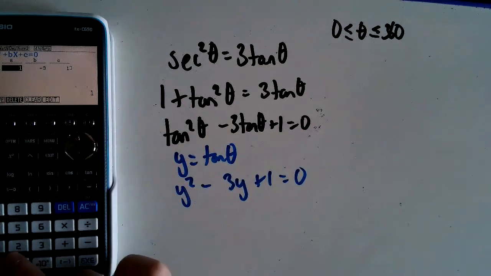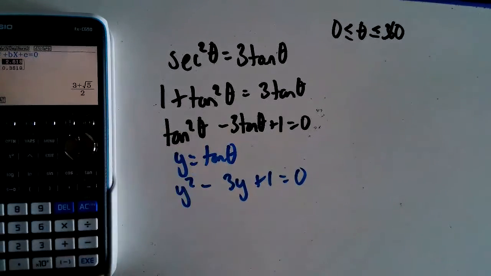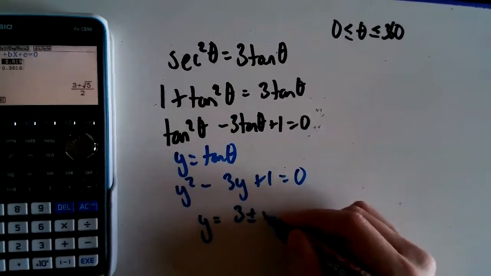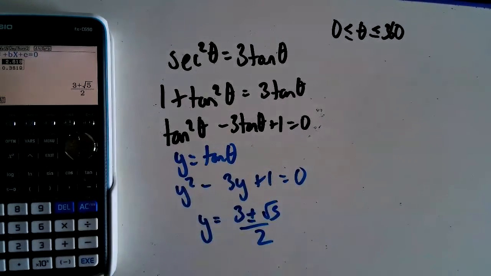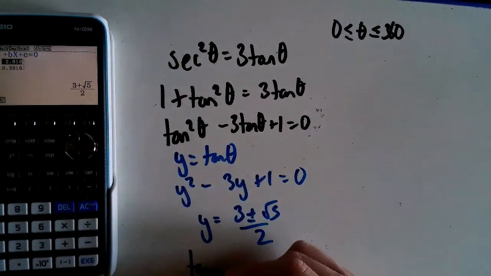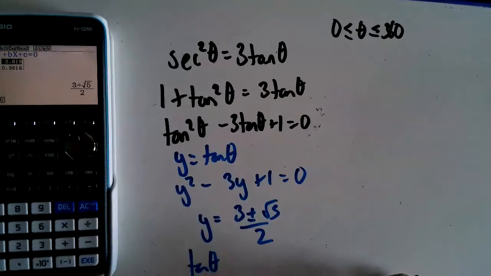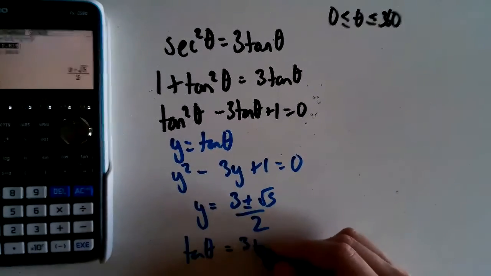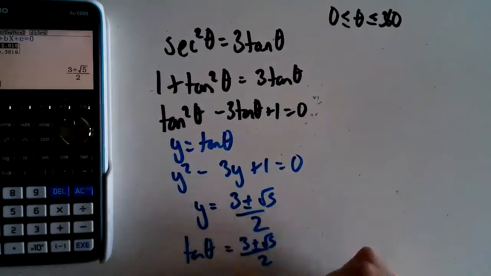So we have 1, minus 3 and 1. So we get y equals 3 plus or minus root 5 over 2. Now remember y was tan theta, so tan theta equals 3 plus or minus root 5 over 2.